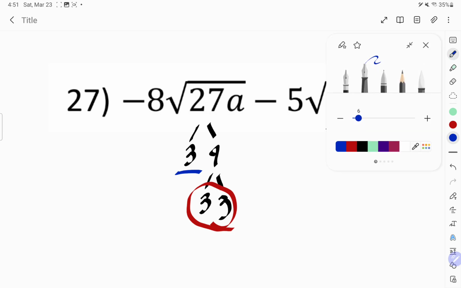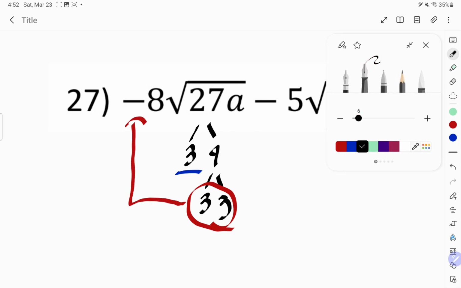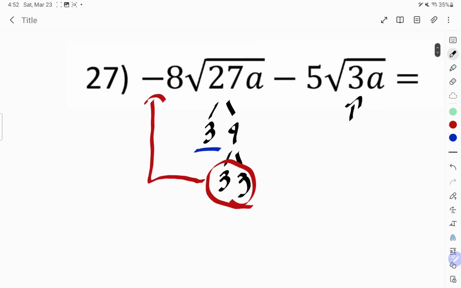Then I'm going to start simplifying things. I know this group is going to go outside, but I can only take one out, and I'm going to be leaving the 3 inside as well. So I'm going to have negative 8 times 3. Remember, you multiply anything that comes out with anything that's already outside. And the inside is just going to be 3a.